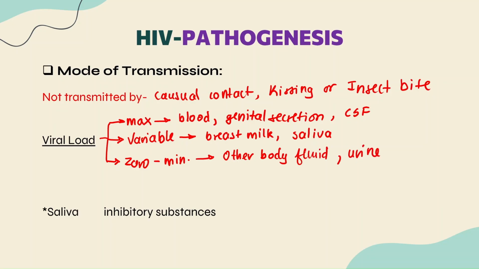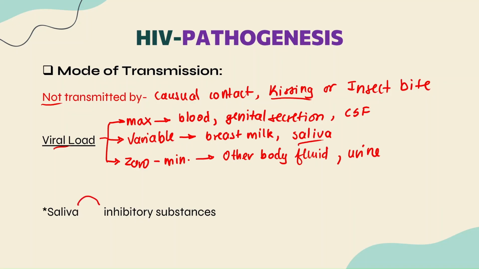Now pay attention to one thing. I am saying that HIV is not transmitted via kissing, okay? And I am saying that the viral load is variable in saliva. I mean the HIV virus is present in saliva, but the amount is very variable. But still, through kissing, whenever a person is coming in contact with the saliva of an infected person, HIV is not getting transmitted. Why is the question?